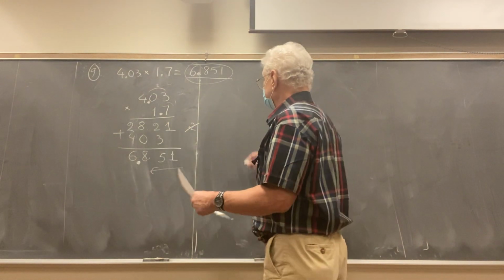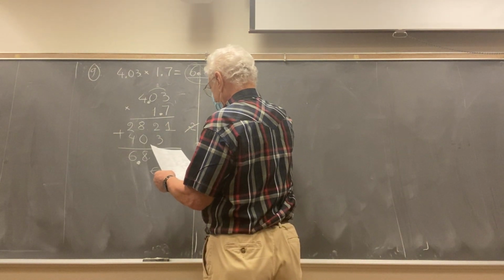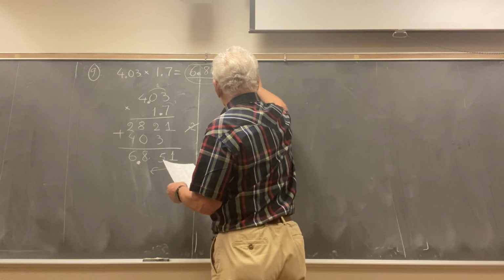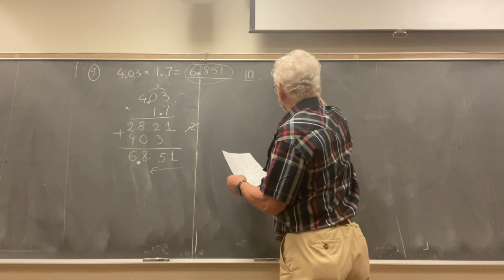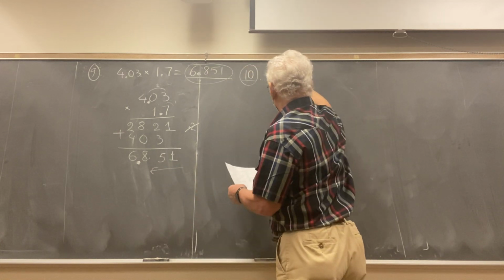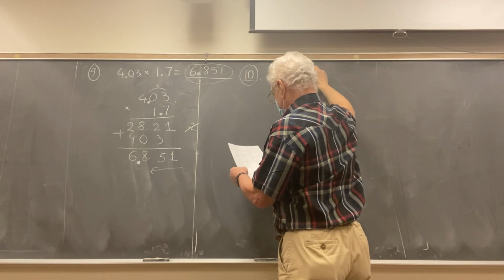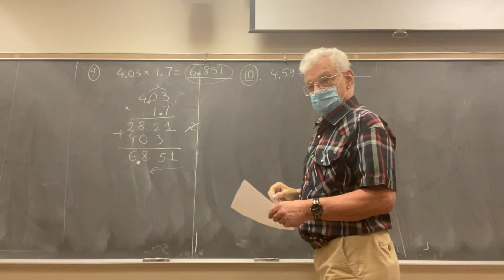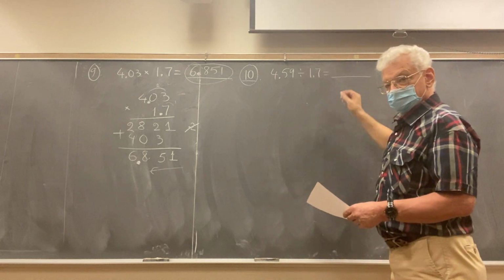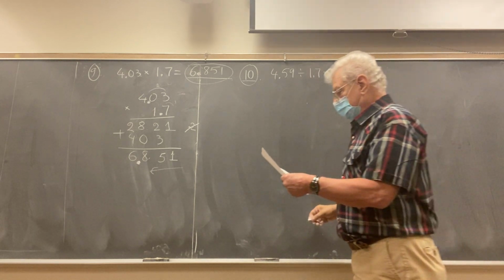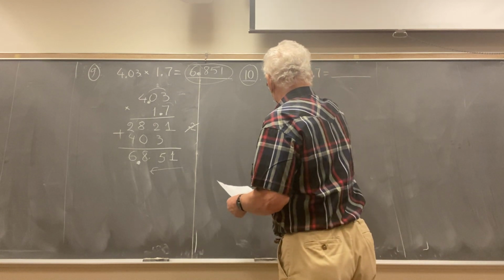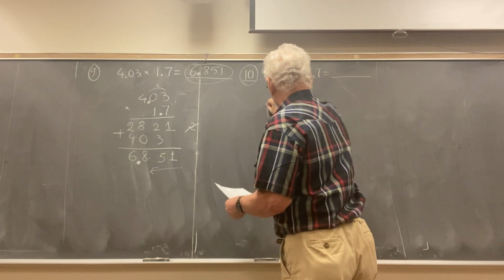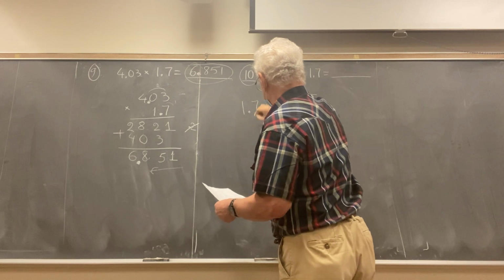Okay, good. Now, next is division. 459 divided by 1.7, and write the answer. Now we make long division. 459 divided by 1.7.